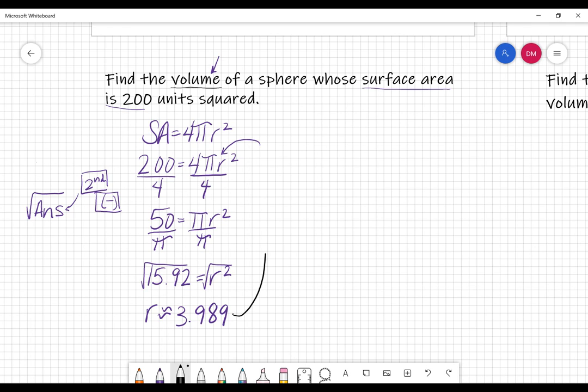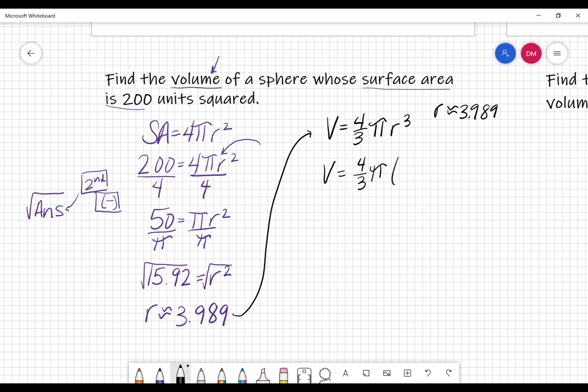So now I'm going to bring this up and I'm going to recall my volume formula is 4/3 pi times the radius cubed. And I have to plug in what I got, that r is about 3.989, into my formula here. Okay, so volume is equal to, I'm going to use that fraction feature of my calculator to get the 4/3 pi times about 3.989 cubed.